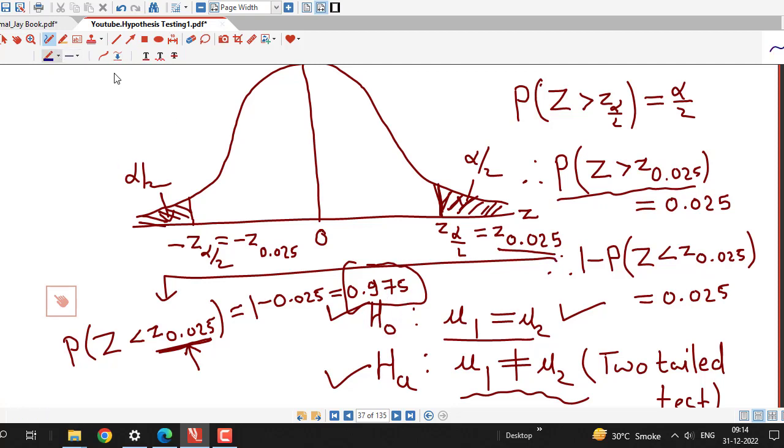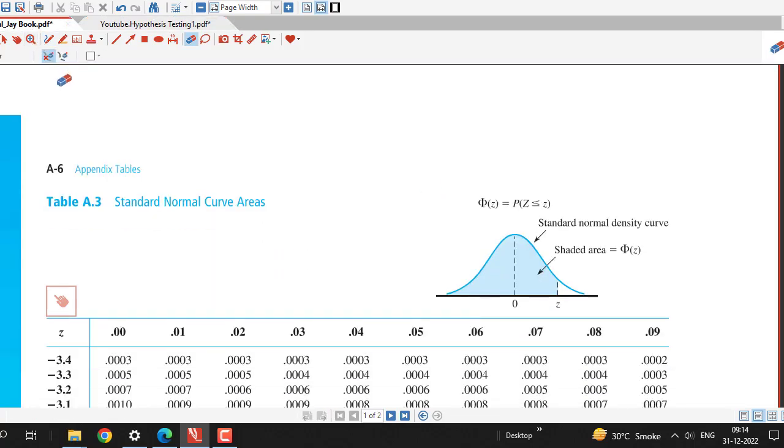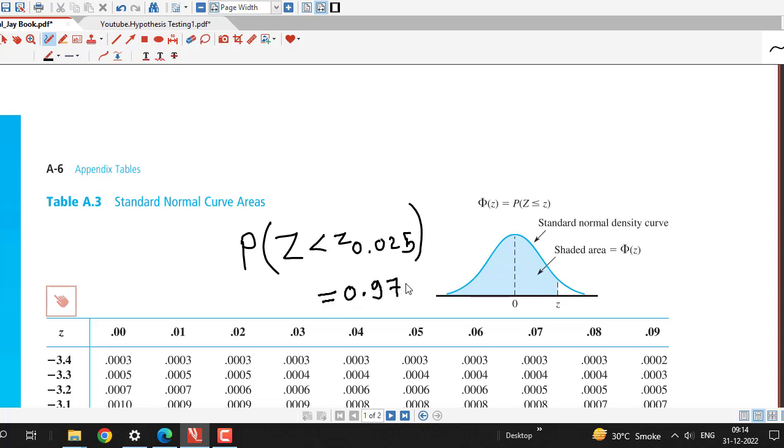So for that we have to search for this value 0.975 in the cumulative probability table. So these are the cumulative probability tables. We are familiar with this table. In this table, I am interested in the value of z such that the probability that Z is to the left side of z 0.025 is 0.975.